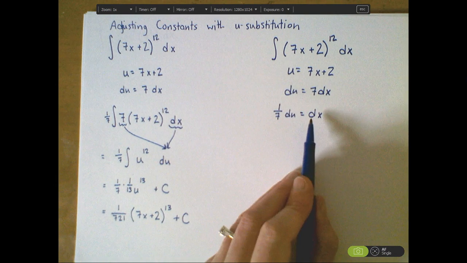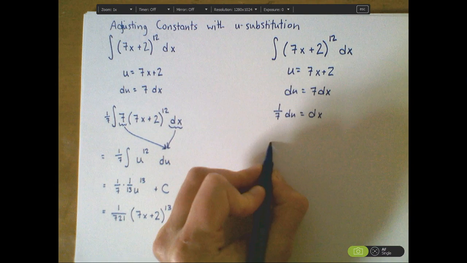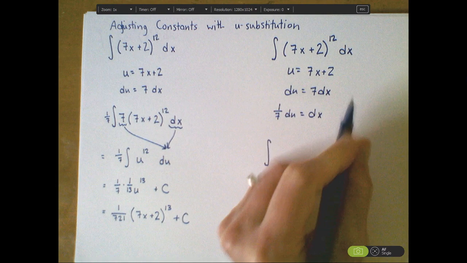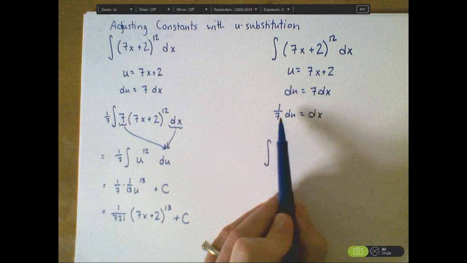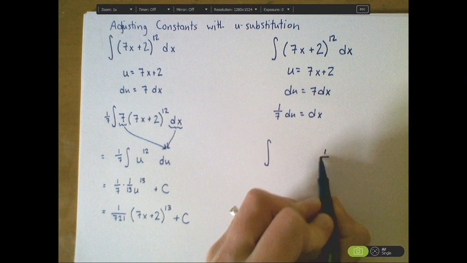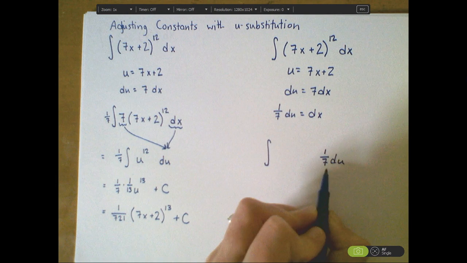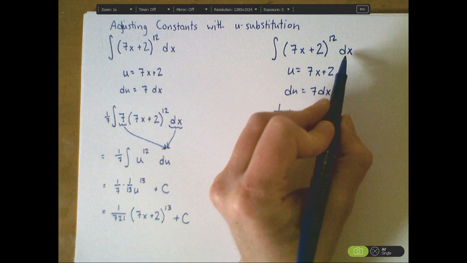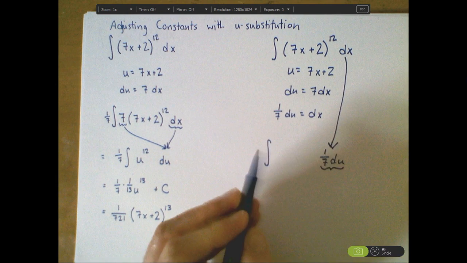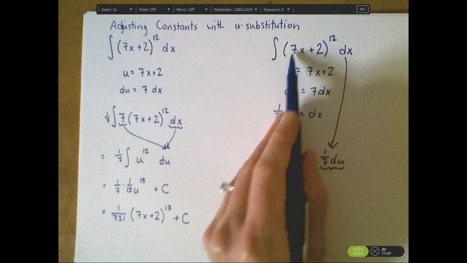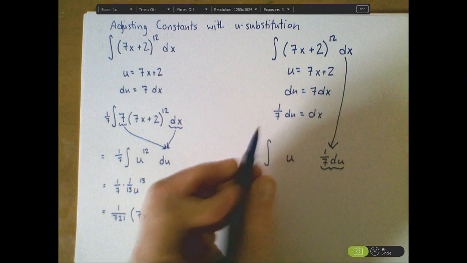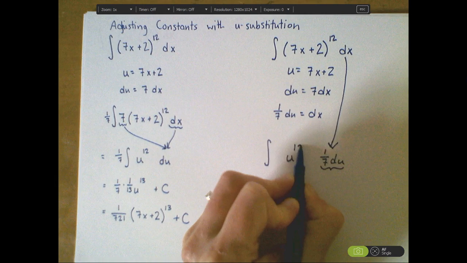Now, when I go back to my original integral, I'm going to take this dx and rewrite it as 1/7 du. And again, remember that u is the inside thing, the inner function, and I get u to the 12th.